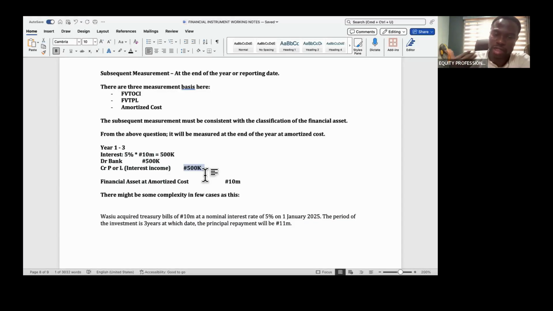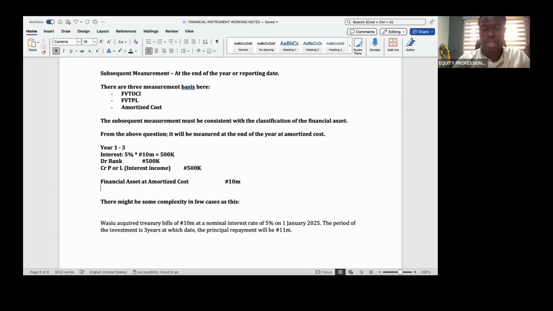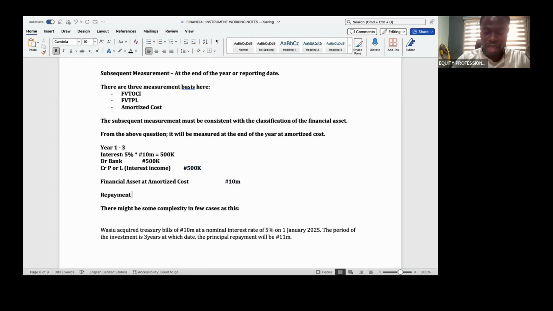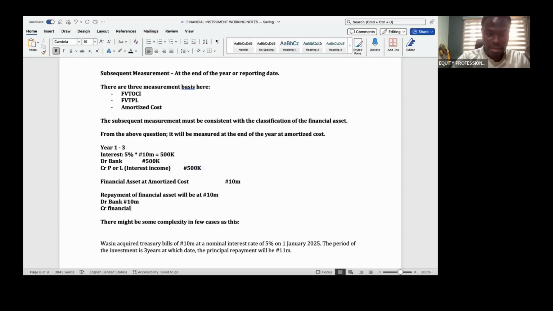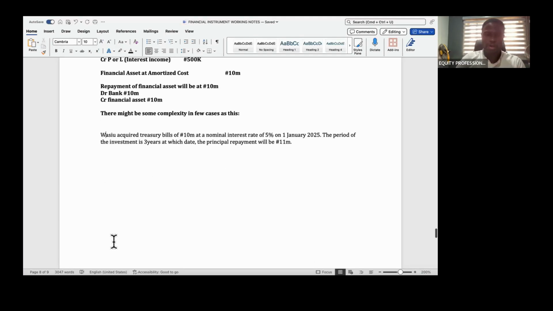And they will also pay back your financial asset at 10 million, the amount you invested, whereby you debit bank, you collect 10 million, then you nil off the financial asset with 10 million, and everything ends. So the only gain you have made is just the interest over the 3 years, 1.5 million, and that's all.